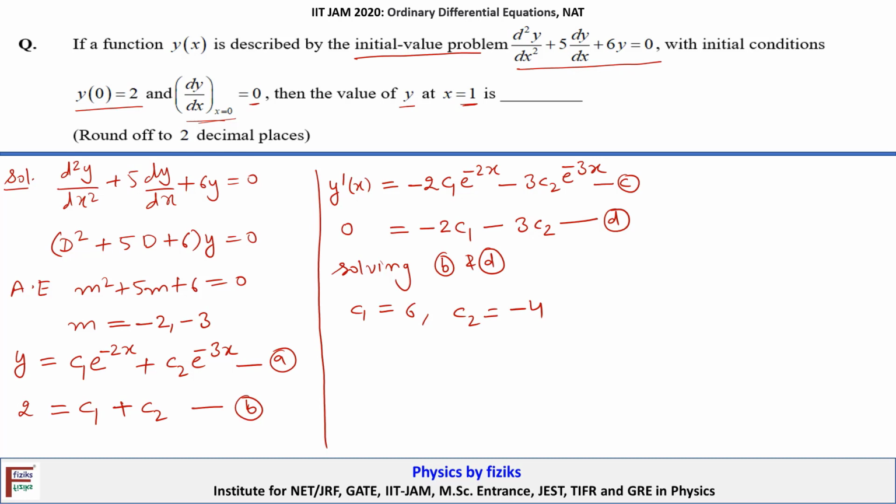Then the exact solution of the differential equation can be written as y = 6 e^(-2x) + (-4) e^(-3x). This is our final solution, represented by equation number 1.